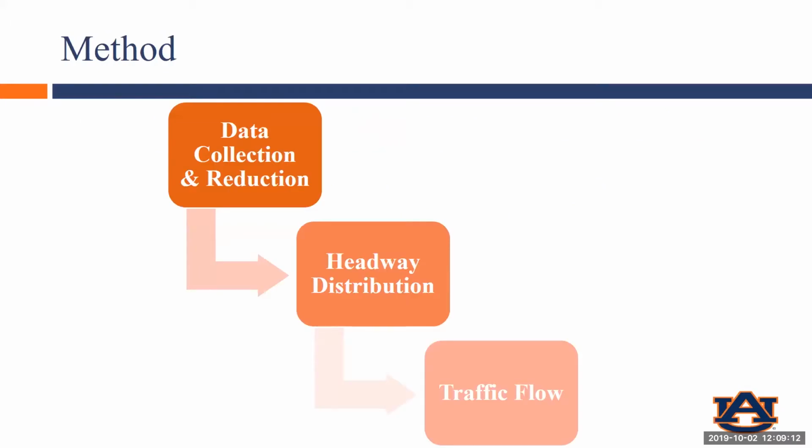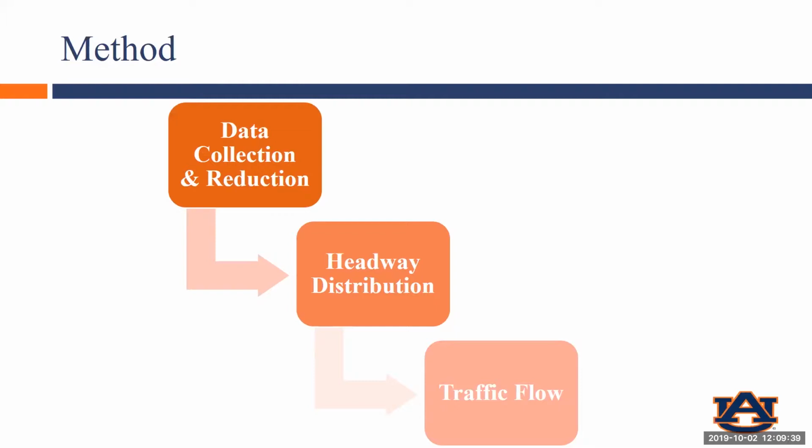So the methodology we use is first data collection and reduction. I think we spend maybe 70 or 75% of the time and effort on the data collection and reduction. That's very time consuming, following every trip to get all the headway and speed data from the NDS data.